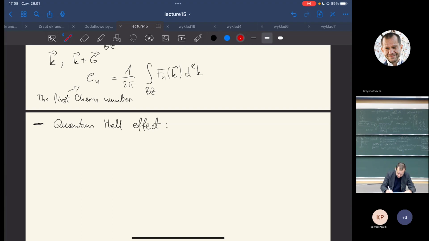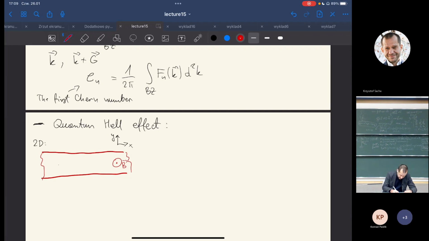Suppose that we have a two-dimensional structure which is infinite along one direction. We have a strong magnetic field, and suppose that this is the x direction, this is the y direction, and this is the 2D structure.